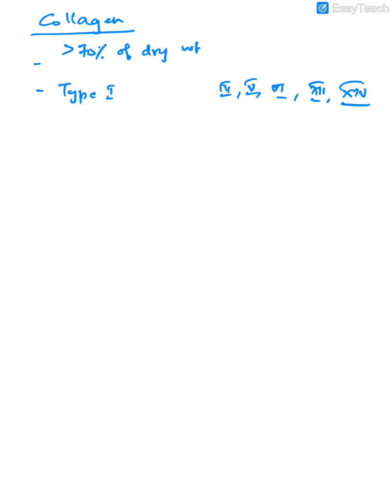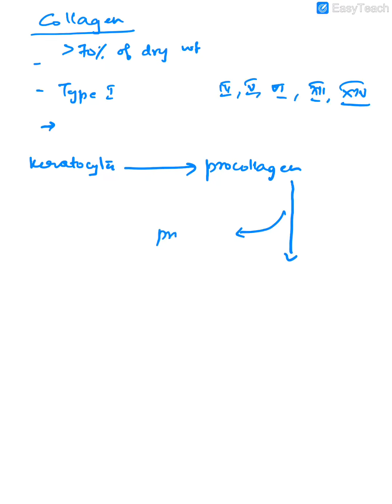Because of the homogeneous arrangement of the collagen fibrils, the light rays are allowed to pass through it. It is basically produced by keratocytes. The keratocytes produce procollagen. The procollagen loses the propeptide, and mature collagen is formed.